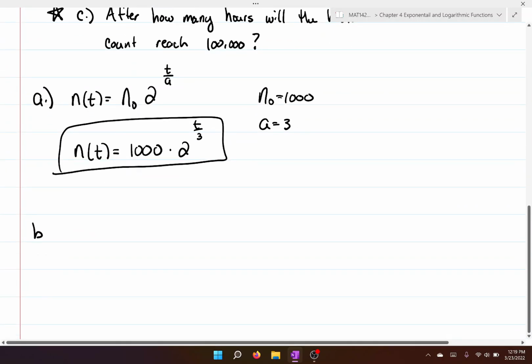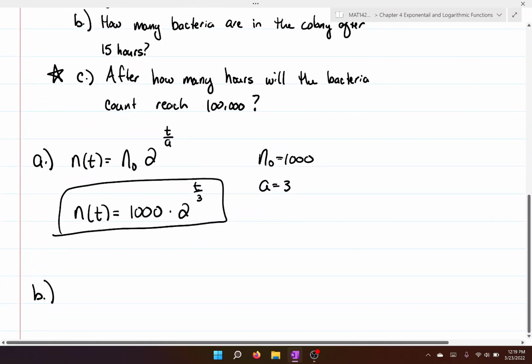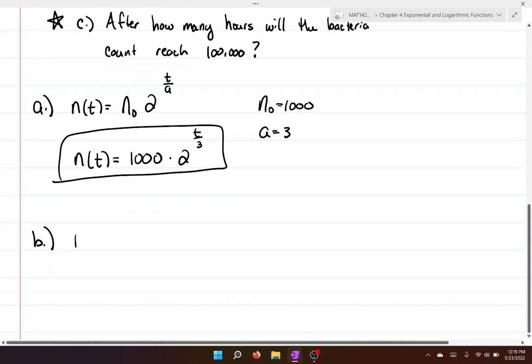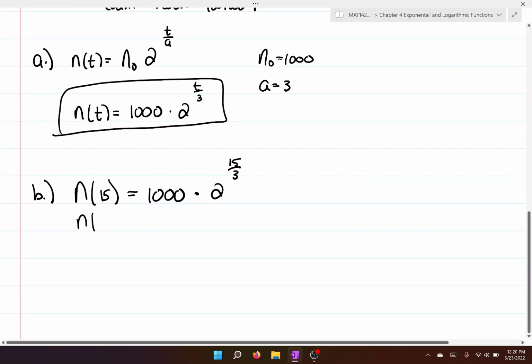Part B. Part B asks, how many bacteria are in the colony after 15 hours? So this is just a straight up substitute in 15 for t. So 1,000 times 2 to the 15 over 3. So n of 15 is going to equal 1,000 times 2 to the 5th.